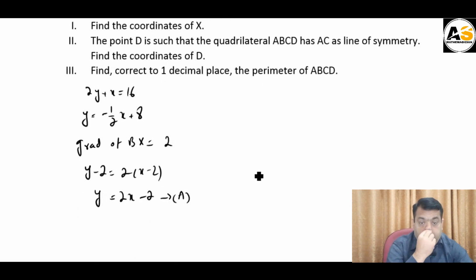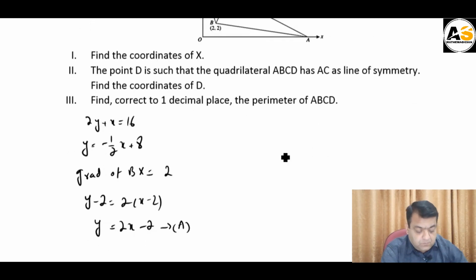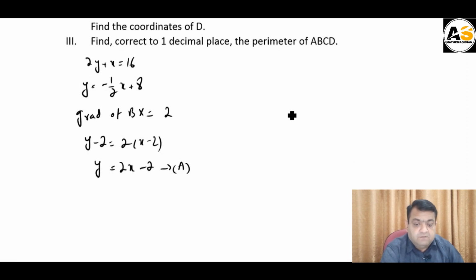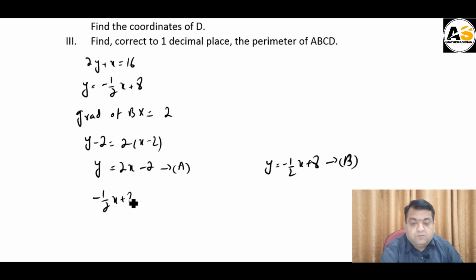Now what will I do? I have the equation of AC. Equation of AC is y is equal to minus 1 by 2x plus 8. I will solve these two equations simultaneously and get the coordinates of X. Minus 1 by 2x plus 8 is equal to 2x minus 2. 10 is equal to 5x over 2. x is equal to 4.